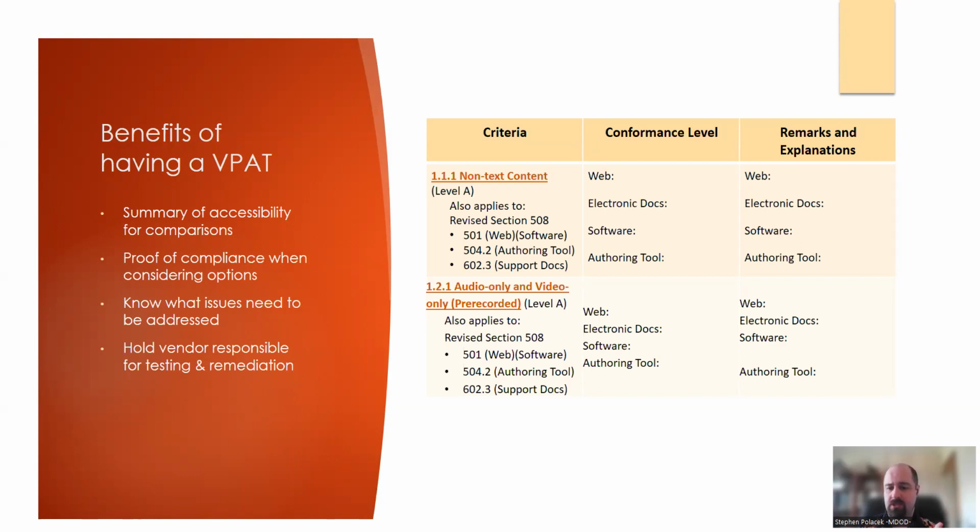Also for comparing against other criteria such as security or use cases, so that it makes it a lot easier for comparing products against each other without having to delay the process further with testing.